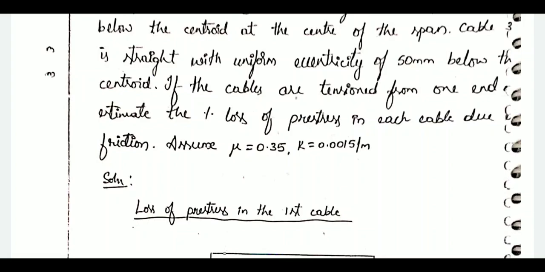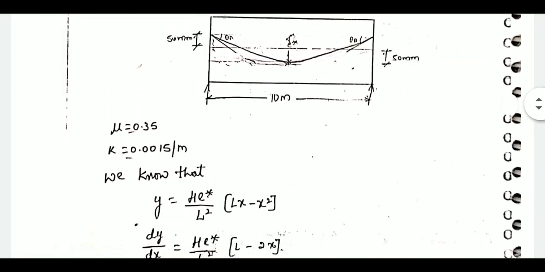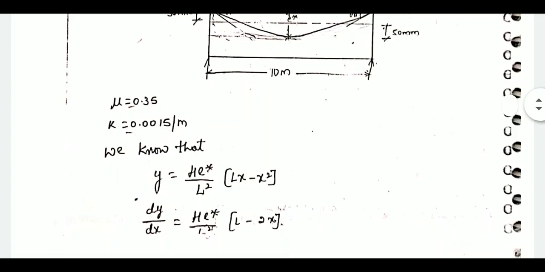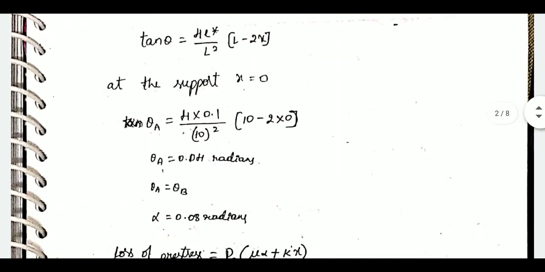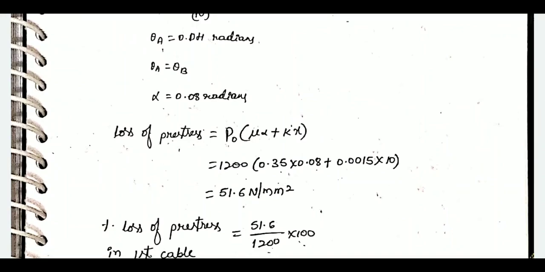So here data given: mu is the coefficient of friction and K is the wave effect. So here we know the formula for loss of pre-stress due to friction, P naught into (mu alpha plus Kx).